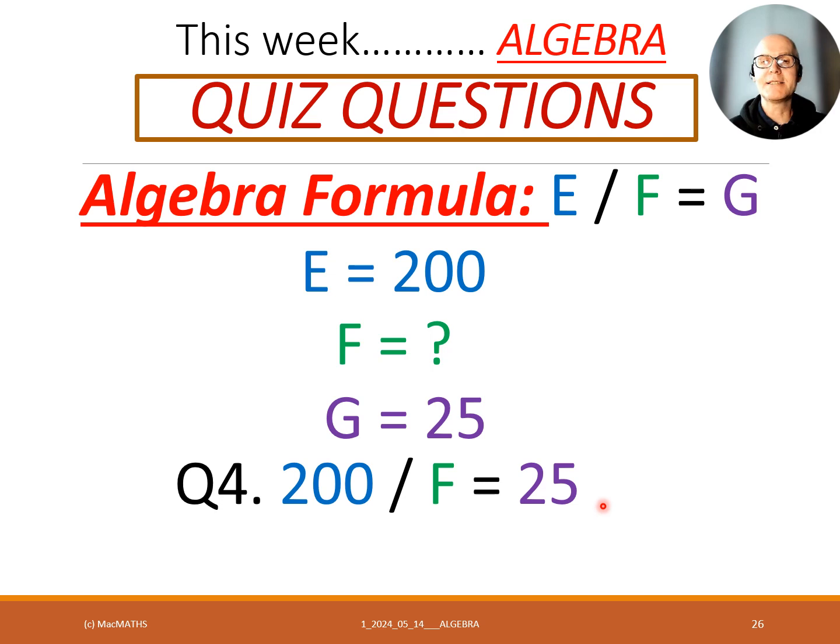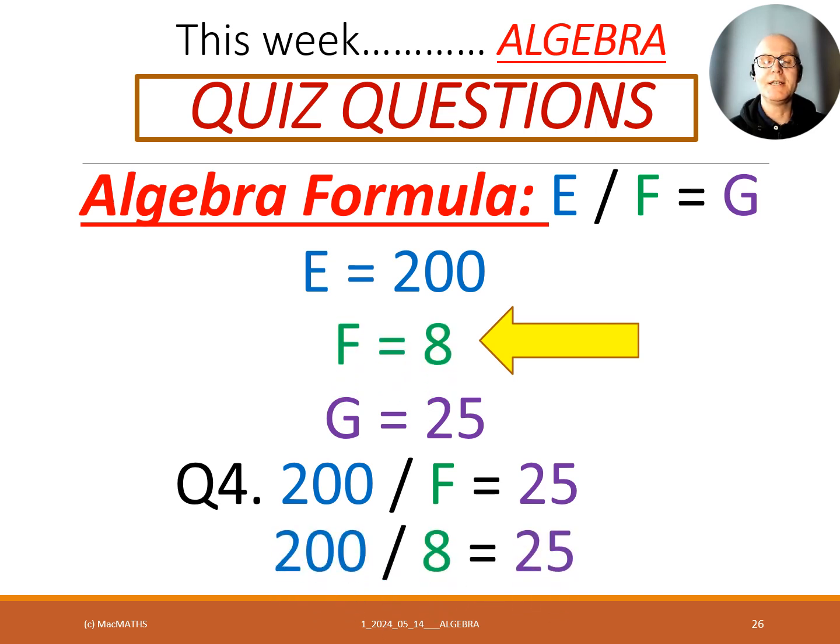Or think of it as 25 multiplied by what number gives 200? It's 8. 200 divided by 8 equals 25.